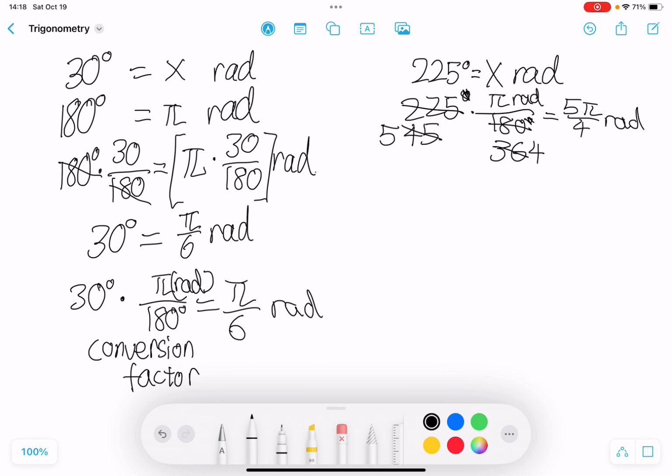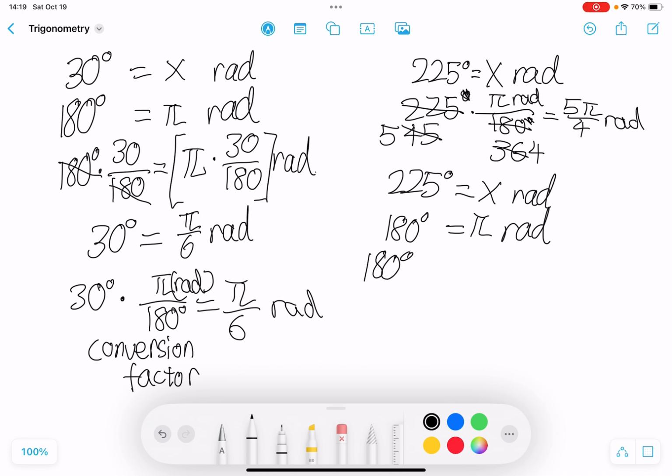So this is just 5 pi over 4 radians. And if you think about it in a more logical way that makes sense, you can think of it as 225 degrees. I know that 180 degrees is pi radians. So how do I get from 180 to 225? Just multiply both sides by 225 over 180, right? Makes sense.